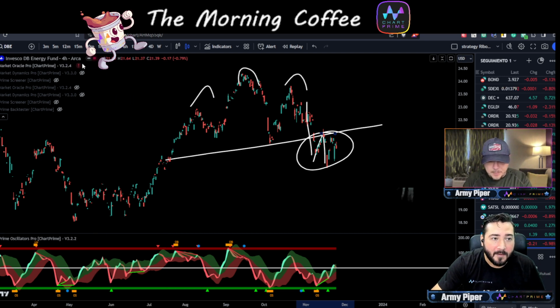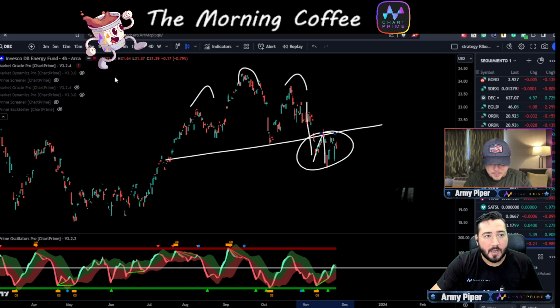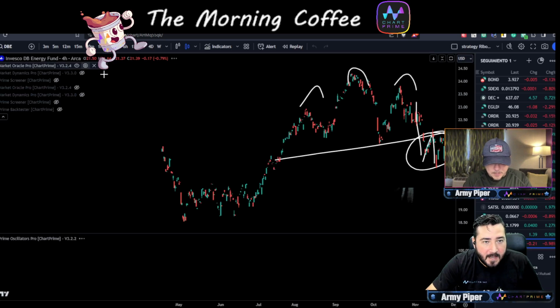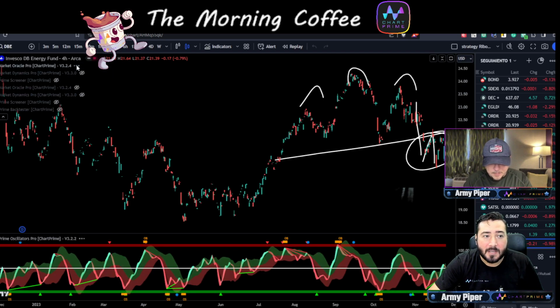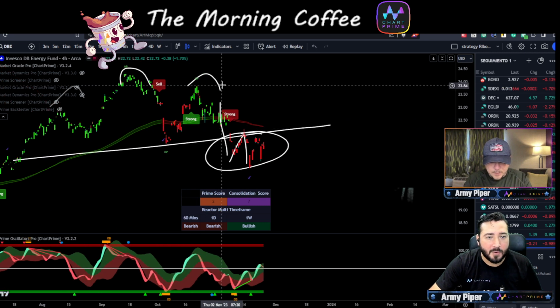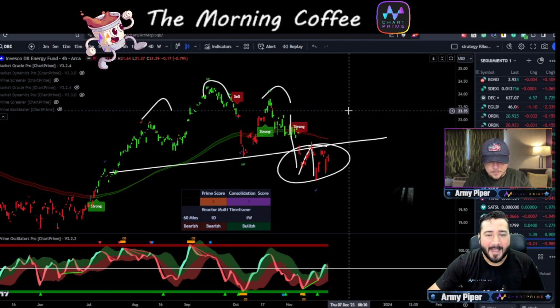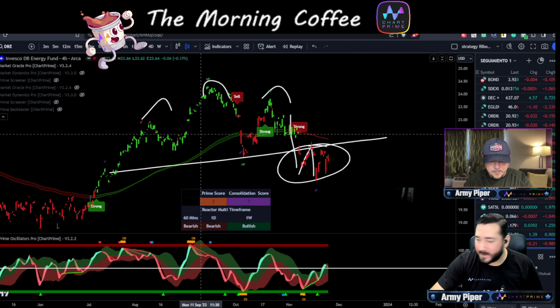If you get a study error like I just did, just reload your chart and see if that fixes it. As you can see, most of the time it's just a reloading issue. Giving the TradingView servers a chance to have a break will basically fix the issue.